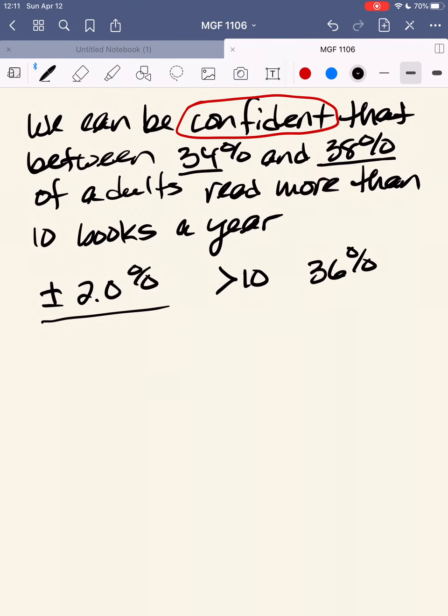The last thing they ask us about this part is why might some people not respond honestly? And it's very possible. This is kind of a free response, but for the most part, maybe people don't want to admit that they don't read a lot.